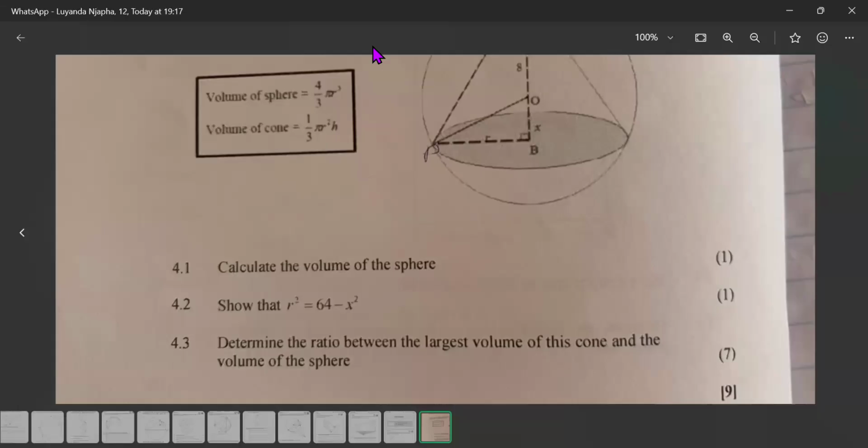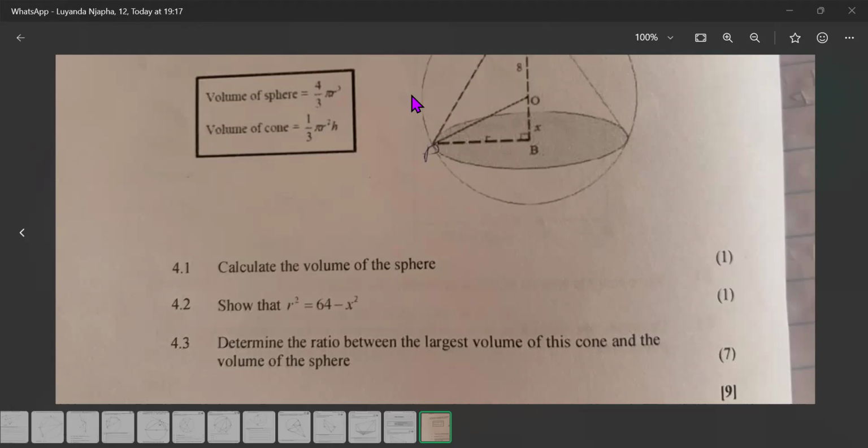This is the main question. So here they say, determine the ratio between the largest volume of this cone and the volume of the sphere. We know the volume of the sphere, we just found it.